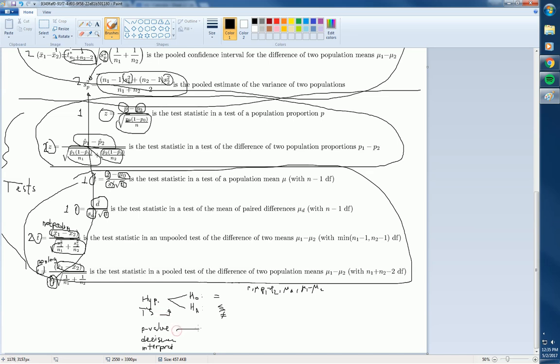Your p-value, you will always sketch a picture first of all. It will start with the normal distribution. This is a sampling distribution of a statistic. It might be x bar, it might be p hat, or whatever statistic corresponds to the parameter in your hypotheses.